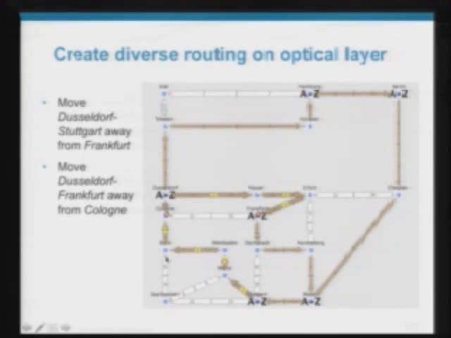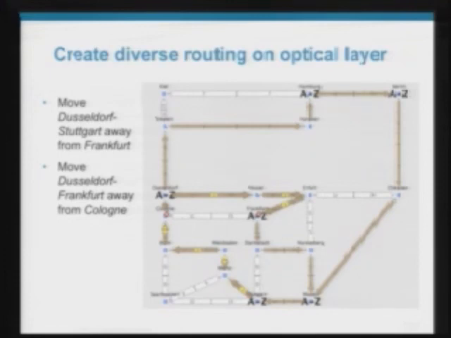And similarly for Cologne to Stuttgart, remember it was going through Darmstadt. Now have it go through Bonn, and then to Stuttgart. And you have yourself nice diverse paths. Okay. Relatively quick, so you get yourself an initial topology built.